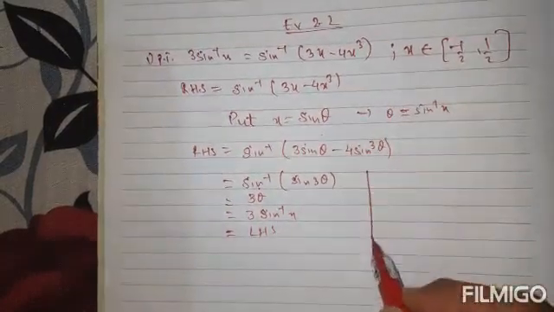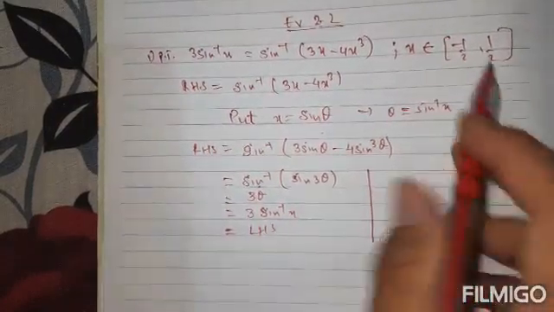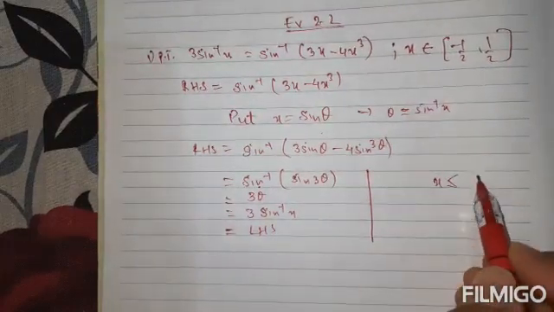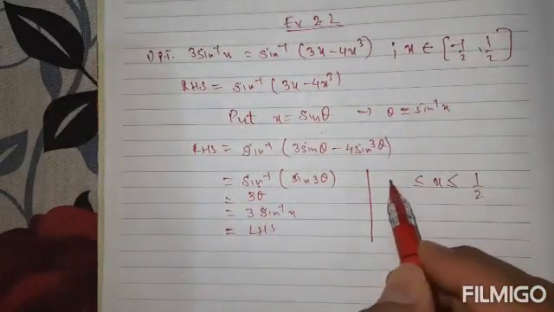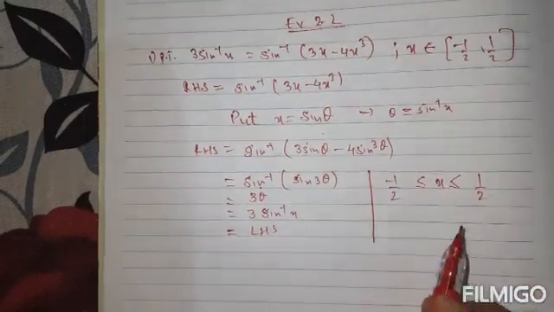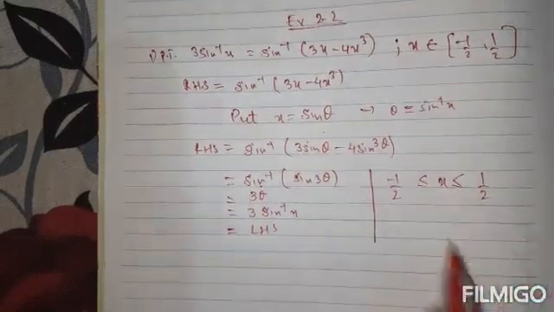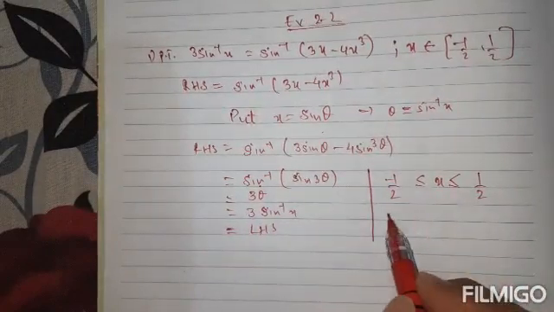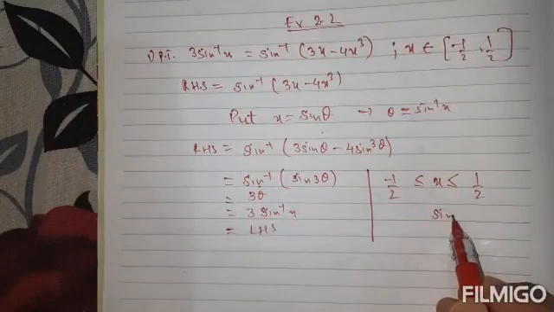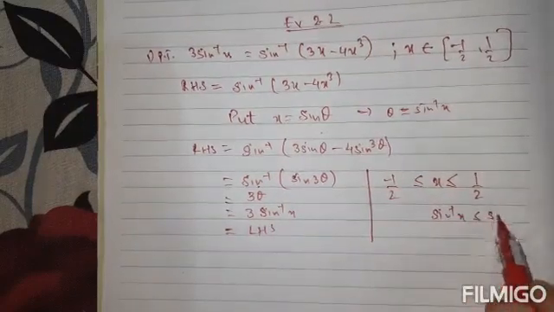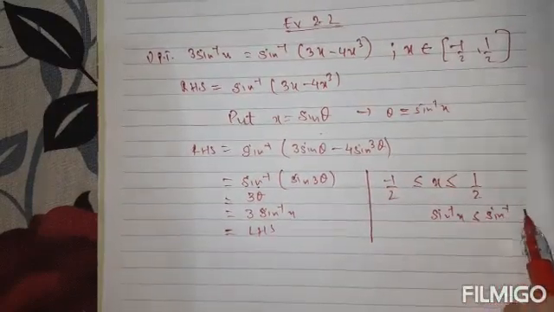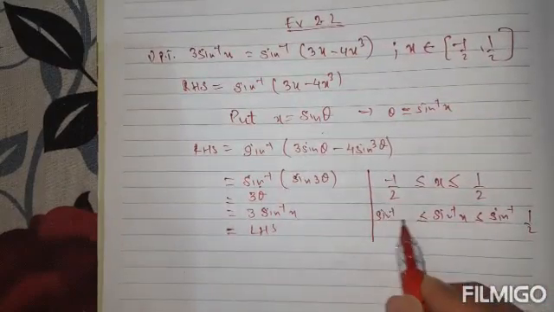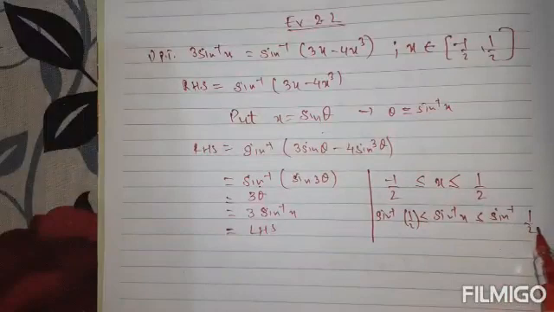Now see, what is the role of this domain? It is given that x belongs to minus 1 by 2 to 1 by 2. If x lies from minus 1 by 2 to 1 by 2, then sine inverse x lies from sine inverse of minus 1 by 2 to sine inverse of 1 by 2.